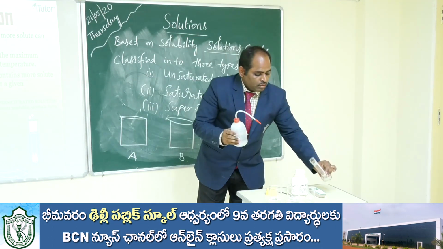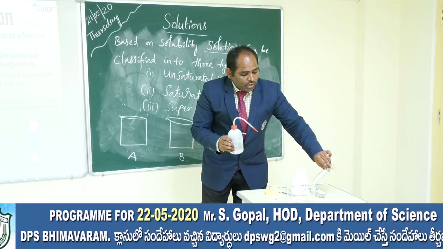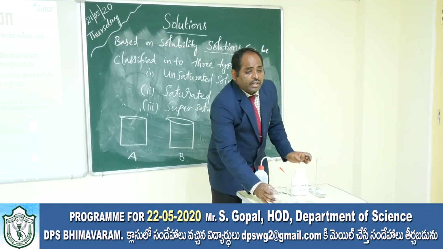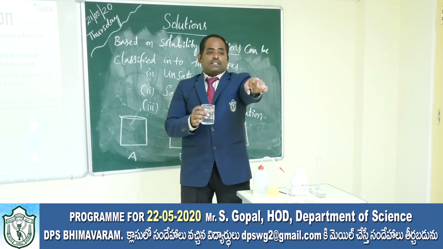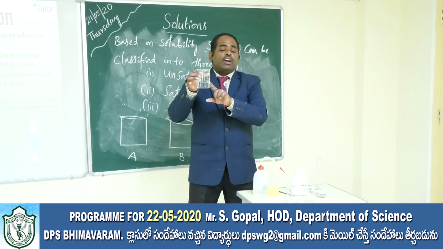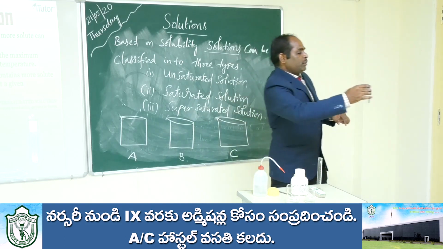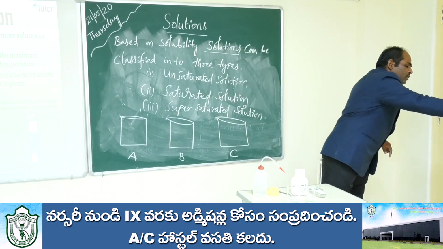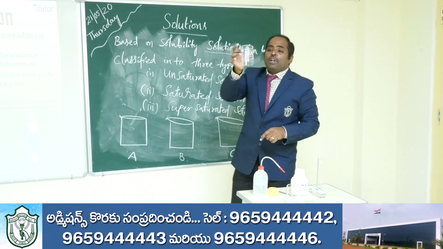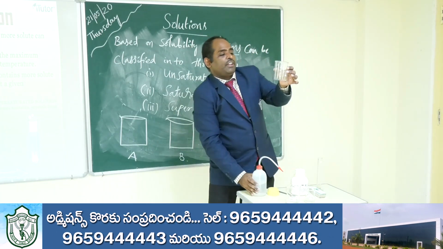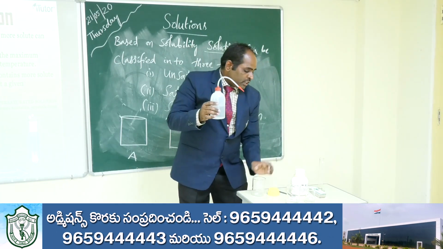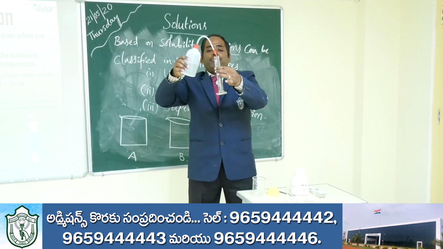Here we have 50 ml of water, but in the first beaker we had already taken some water before, so I am taking this water out from here. Freshly I will take 50 ml of water.